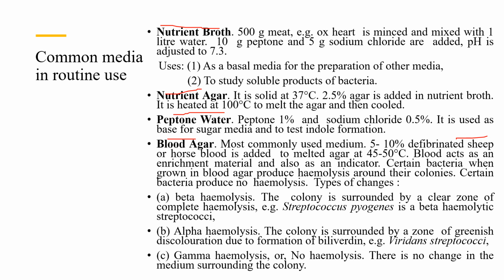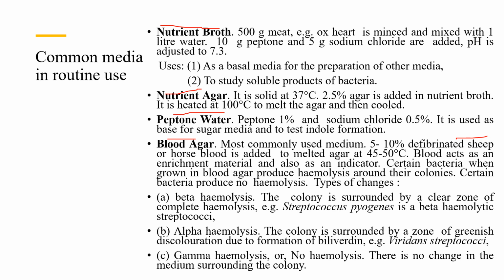Blood acts as an enrichment material for certain types of bacteria, and blood agar also helps in the identification of hemolysis. There are three types of hemolysis which can be distinguished using blood agar: beta hemolysis, alpha hemolysis, and gamma hemolysis.